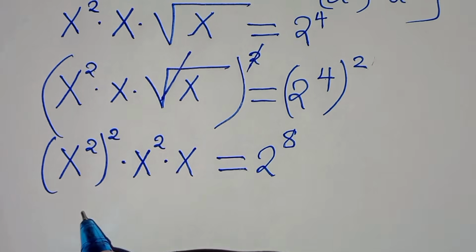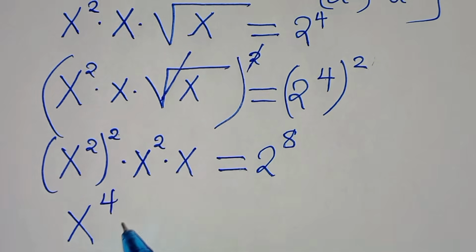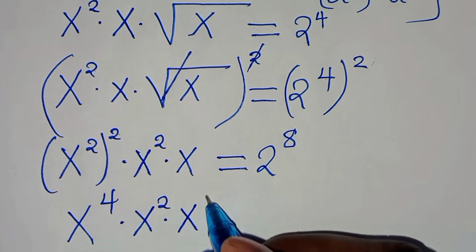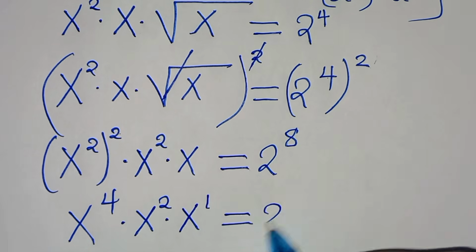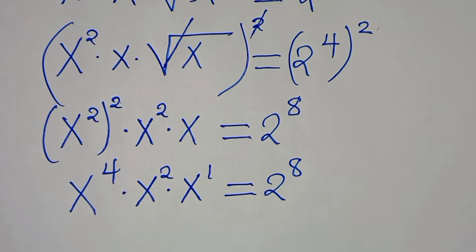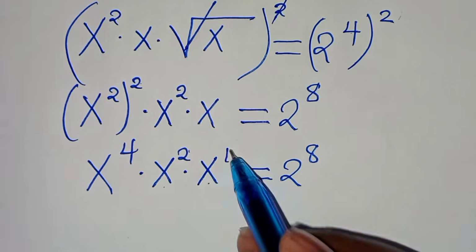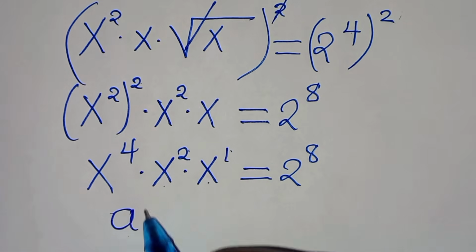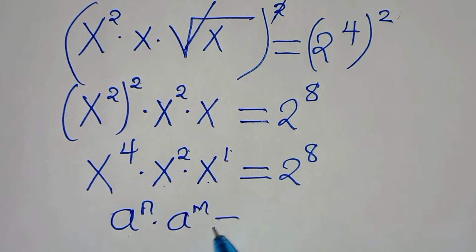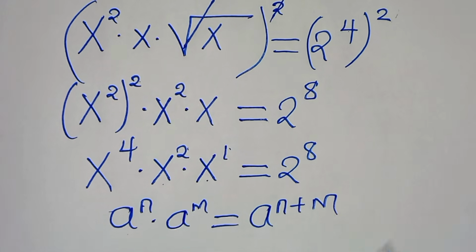The next step is that we have x to the power of 2 times 2, this is x to the power of 4, times x to the power of 2 multiplied by x to the power of 1, equal to 2 raised to the power of 8. This is in the form of a to the power of n times a to the power of m, which we can express as a to the power of n plus m.